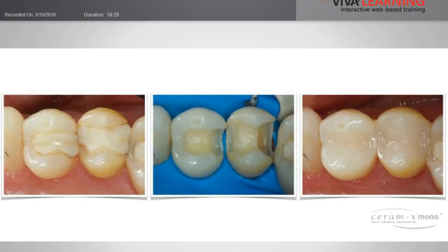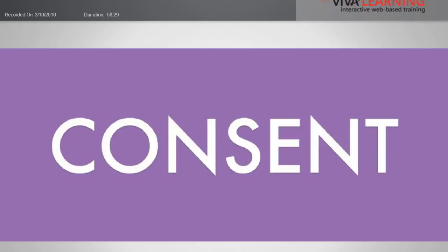Or in this case, where we've replaced some failing restorations with some ceramic mono restorations. The reason I show these is to show reproducibility in the photography, and I think that's absolutely key.